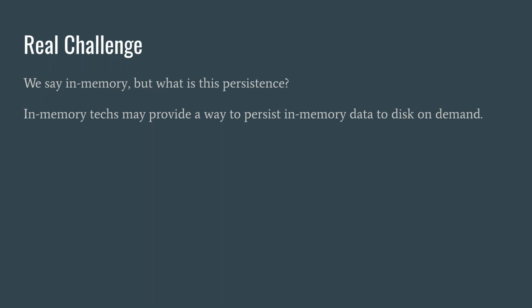Here, persistent means on demand or with a configuration. Whenever you write data into memory, from time to time it can be synchronized to disk. So this is very good for disaster recovery scenarios. And it may be challenging, and in a distributed system it is more challenging than other things.